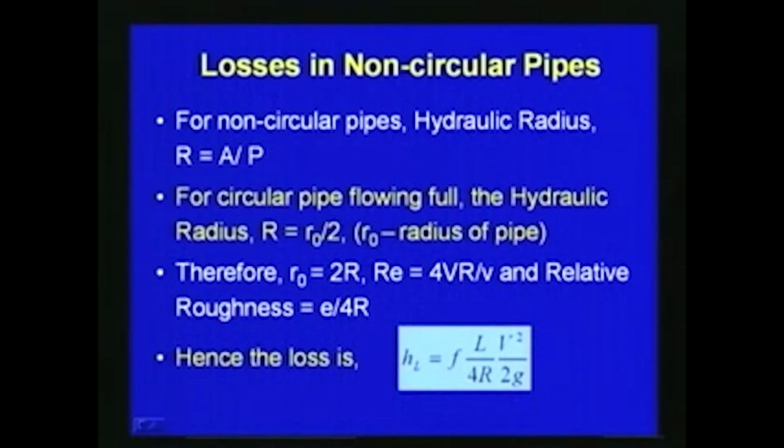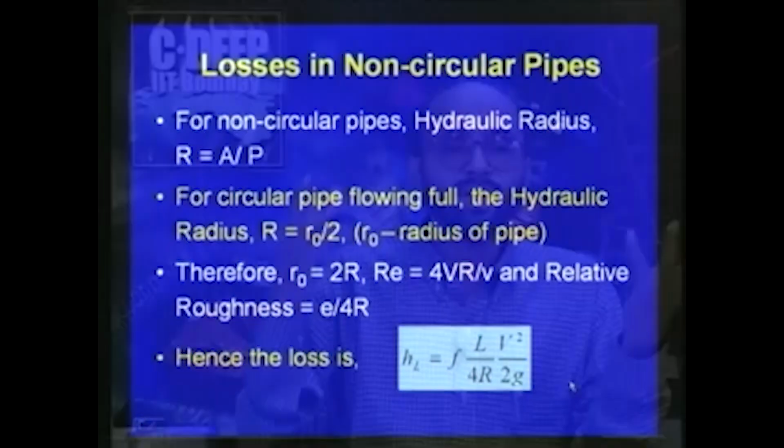We have seen the head loss equals FL V square by 2GD. Here D is now 4 times R, where R is the hydraulic radius. So HL, the head loss, will be equal to FL V square by 4R times 2G, so it will be FL V square by 8GR. Instead of D, it will now be 4R, where R is the hydraulic radius for the non-circular system.